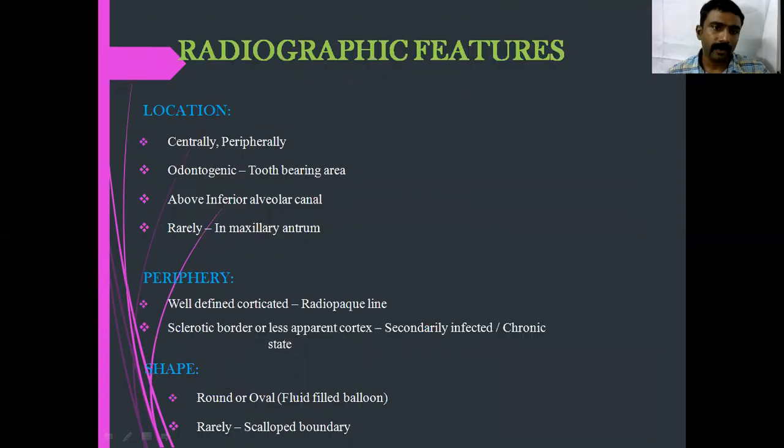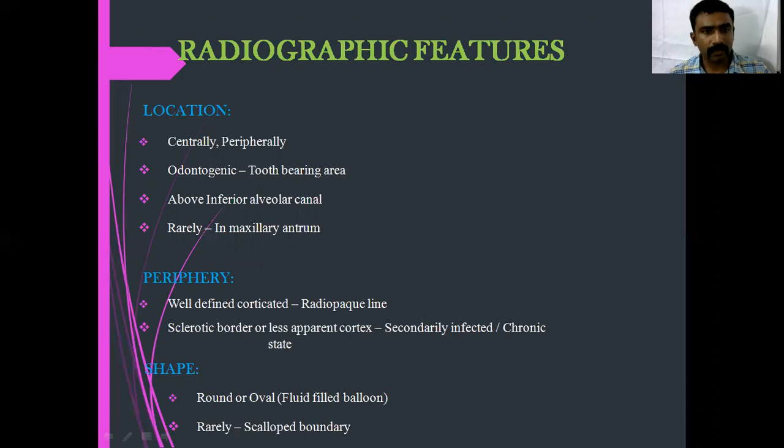And the radiographic features: a cyst usually presents as a well-defined radiolucent area. In case of a periapical cyst, it presents as a radiolucent area in the periapical region of the teeth. Usually odontogenic cysts are related to the tooth-bearing area, and cysts are usually present above the inferior alveolar canal.